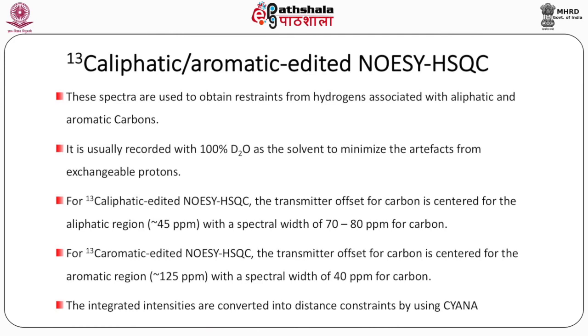For C13 aromatic edited NOESY-HSQC, the transmitter offset for carbon is centered for the aromatic region at 125 ppm, and it has a shorter spectral width of 40 ppm for carbon. The integrated intensities are converted into distance constraints by using various modules of Cyana.